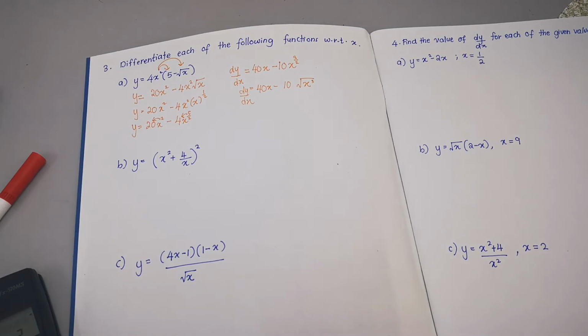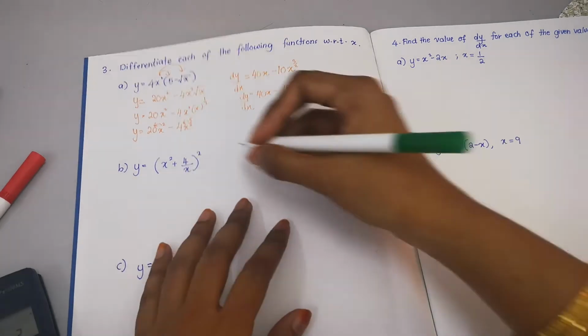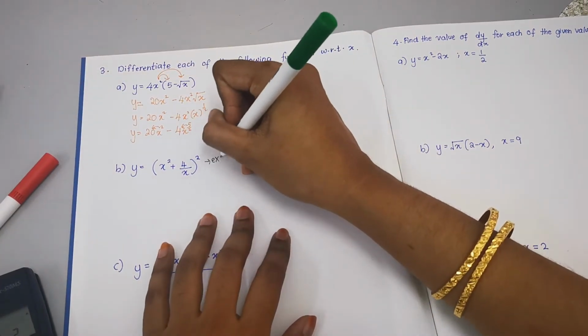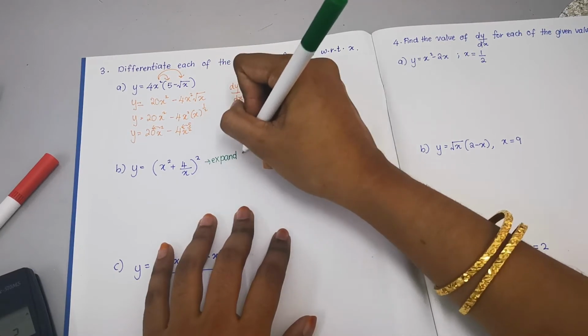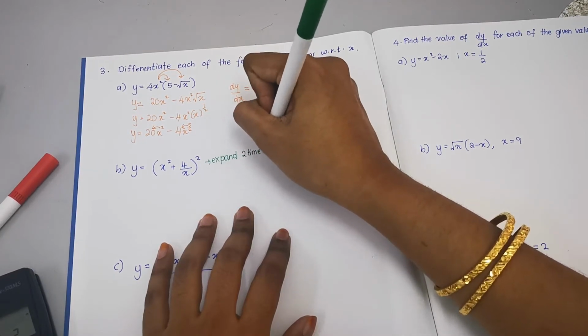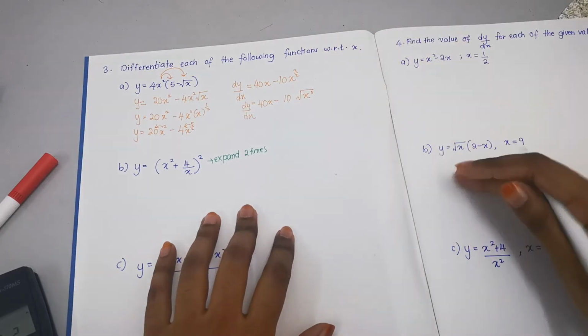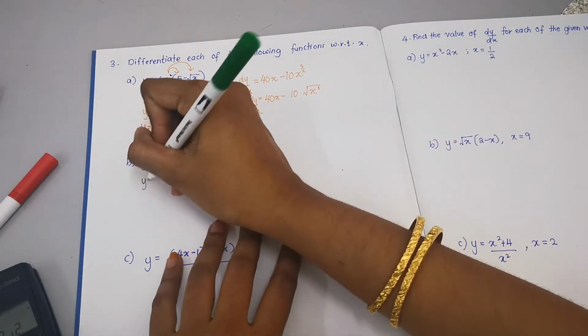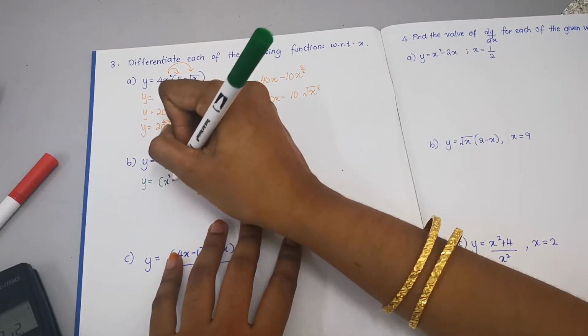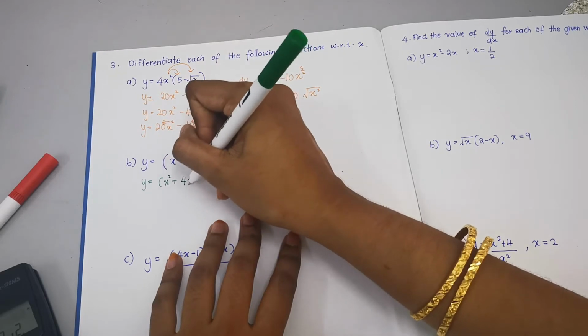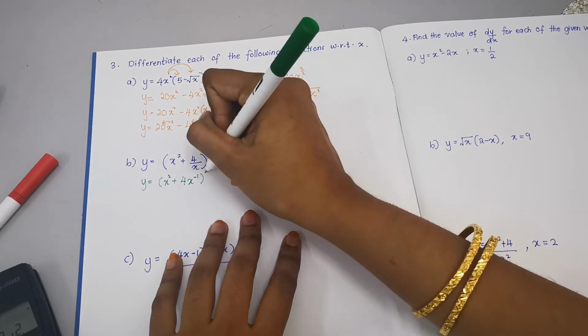Next one for B. Here in this case you can expand this twice, or there's also another way. You can write down like this first: x squared plus 4x, power of negative 1.